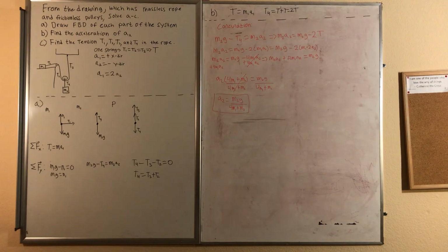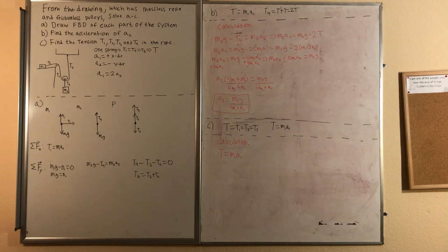With part B solved for, let's finish and solve for part C. Now to find all the tensions in the rope, we know that T equals T sub 1 equals T sub 2 equals T sub 3, and T equals m sub 1 times a sub 1, and with that, let's calculate.